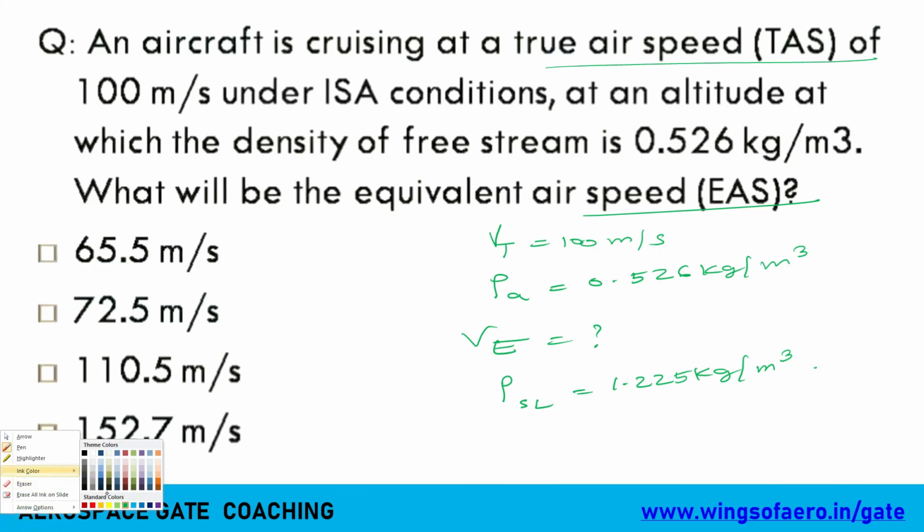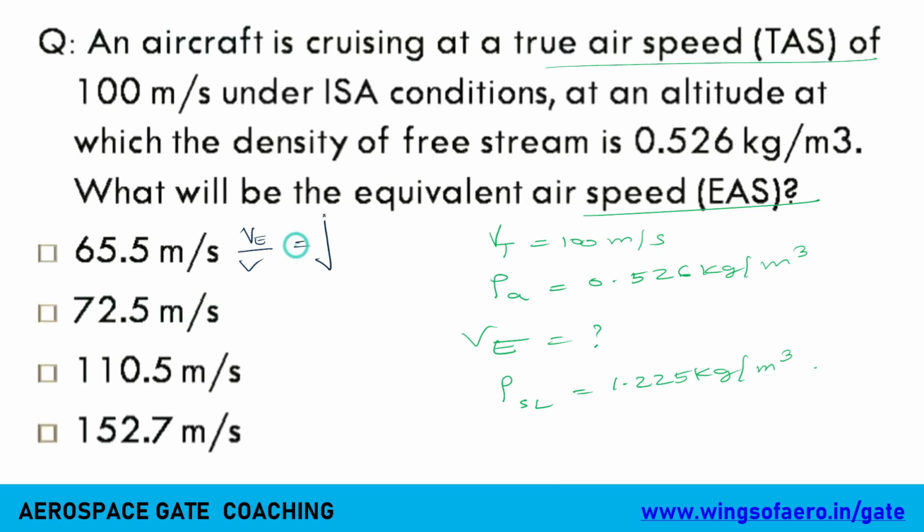Now you can recall the formula the same way I made you recall it. VE by VT equals root over rho at altitude by rho at sea level. This is the formula. So you can put that in and tell me the right answer.